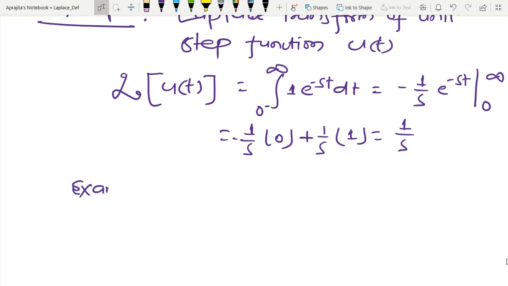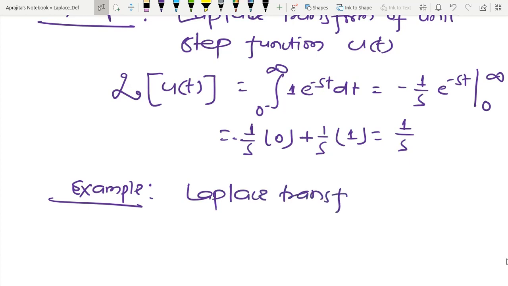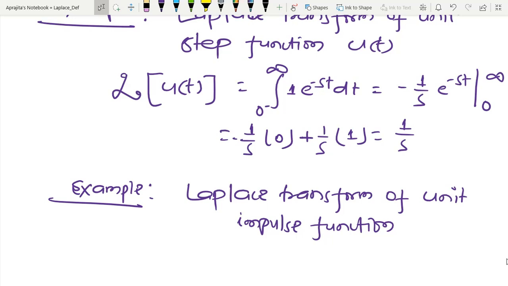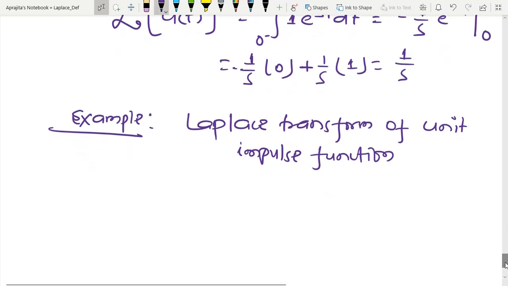So I am going to talk about the second example, the Laplace transform of the unit impulse function, and the unit impulse function we denote by delta.